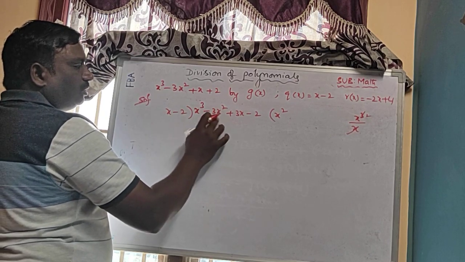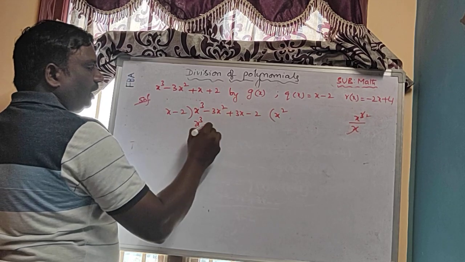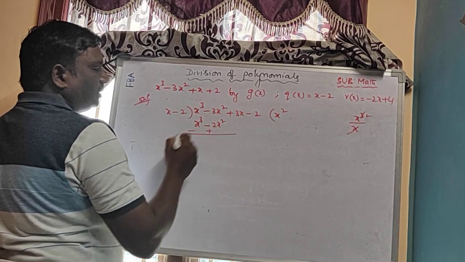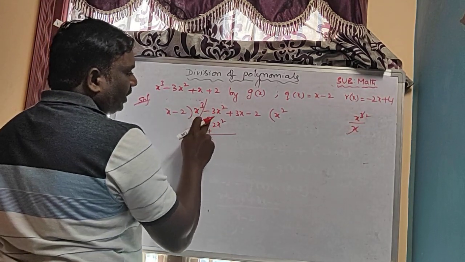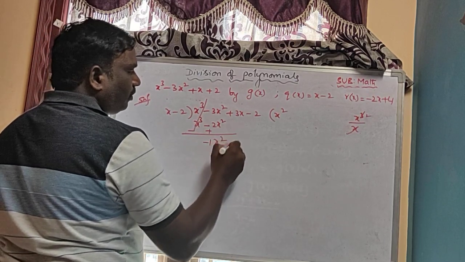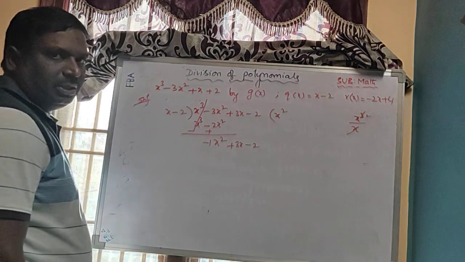We'll get the sum of the terms here. x square into x, that is x cube, minus into plus, minus 2x square. Minus plus, both will cancel. This is minus 3 plus 2, minus 3 plus 2 means minus 1. This is the x square term. Bring down these two values, 3x minus 2.